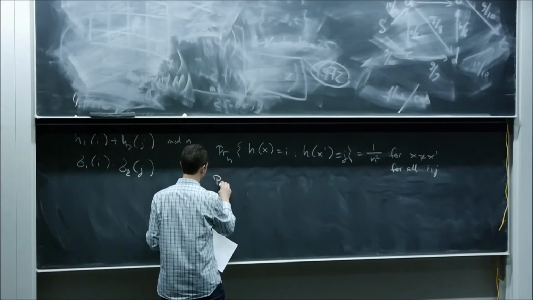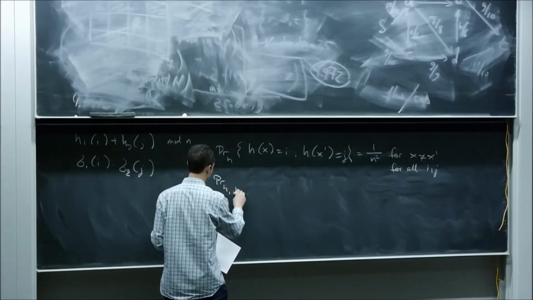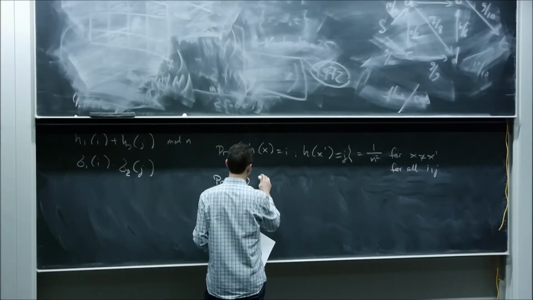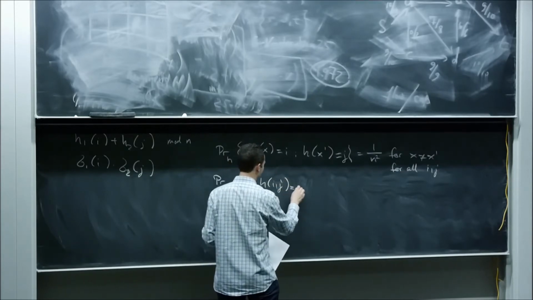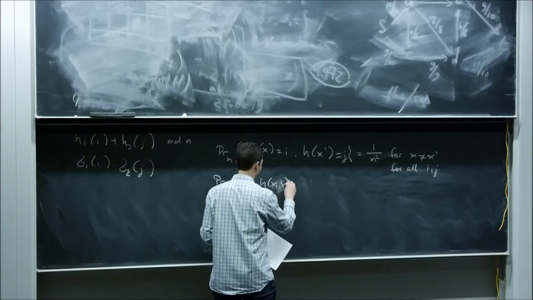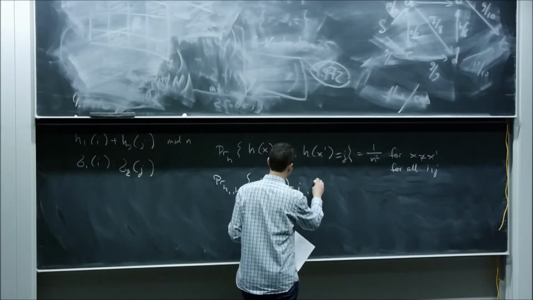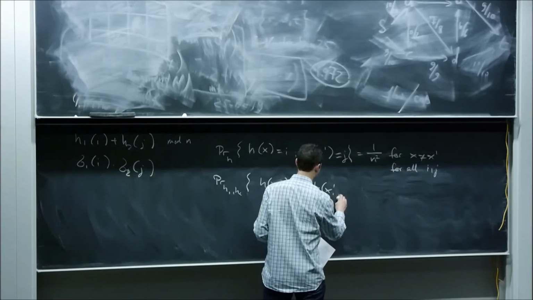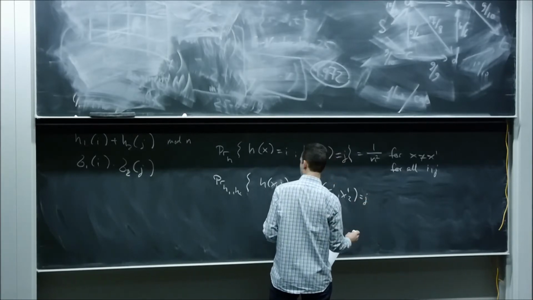So the probability over all hash functions, so that's hash 1 and hash 2, of basically hash of (i, j) equals, x1, x2 equals i, and furthermore hash of x prime 1, x prime 2 equals j.